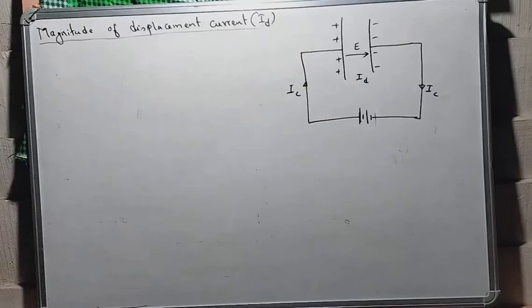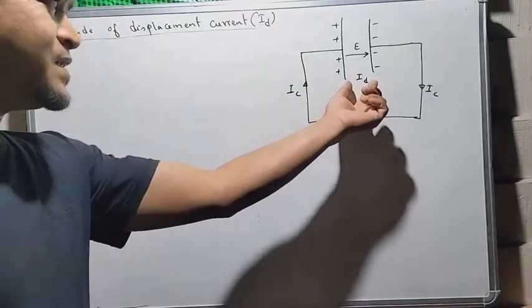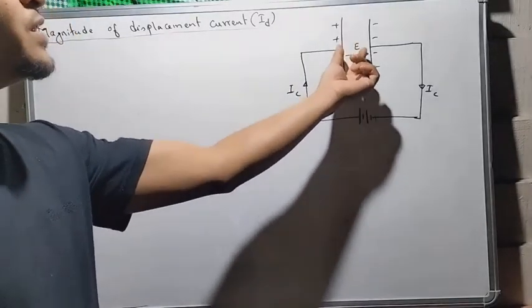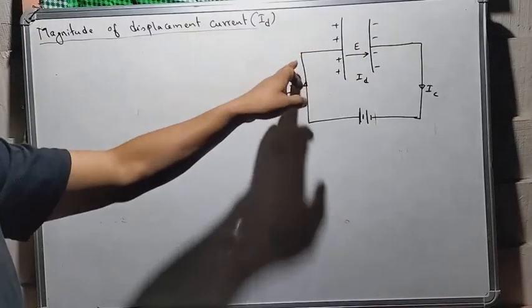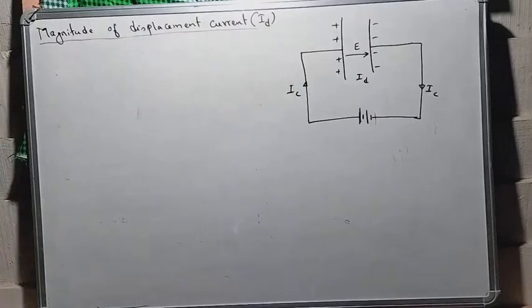Now look here. This I_D is present only inside the capacitor. Outside the capacitor, it is the current I_C.